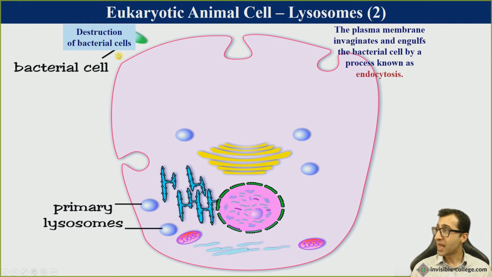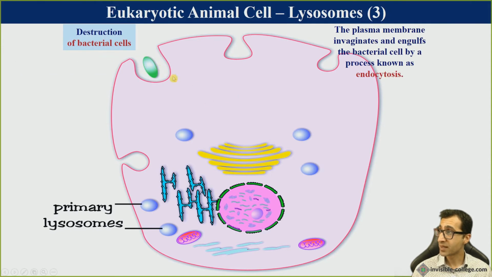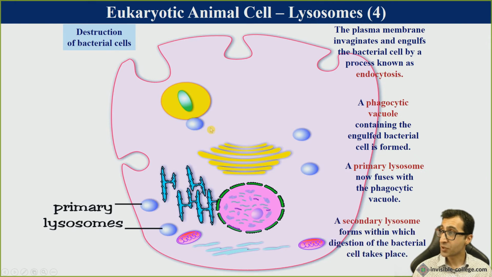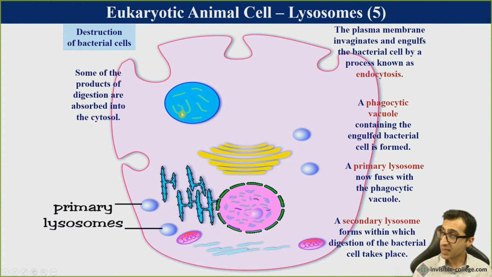So, for example, we have bacterial cells here being engulfed when the plasma membrane invaginates itself to form a phagosome, like this. And so this is a phagocytic vacuole. And then we get a primary lysosome which then fuses with this vacuole like this. The contents will then mix together to form a secondary lysosome. And in this secondary lysosome, the bacterium or whatever it is that's just been ingested by or endocytosed by the cell is broken down by the hydrolytic enzymes found in the lysosome.